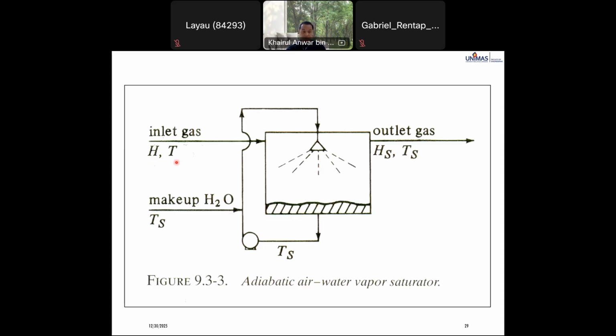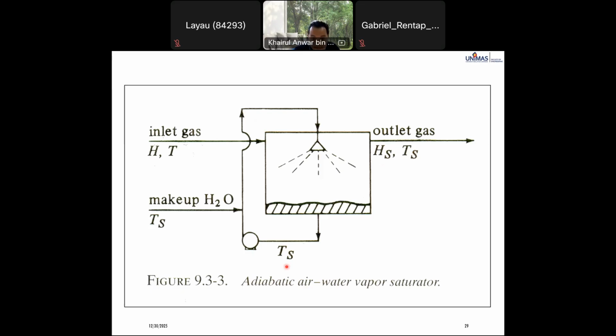So the inlet gas with humidity H, temperature T, then come out at saturated humidity, saturated temperature. So the temperature of water being recirculated reaches a steady state temperature called the adiabatic saturation temperature Ts.